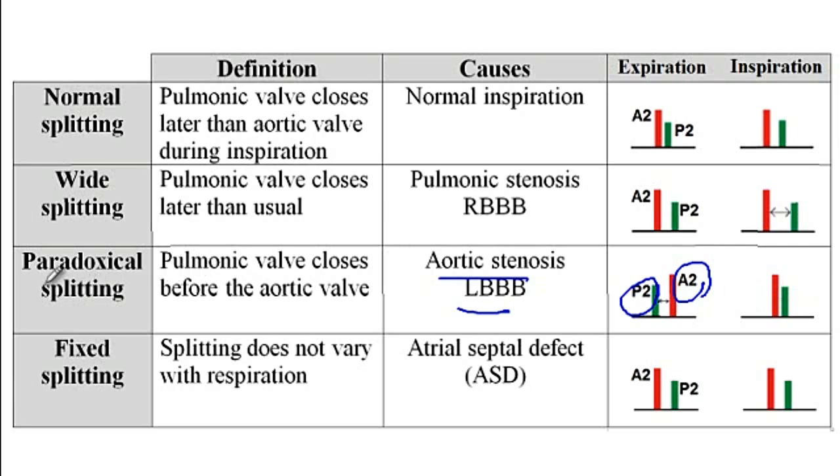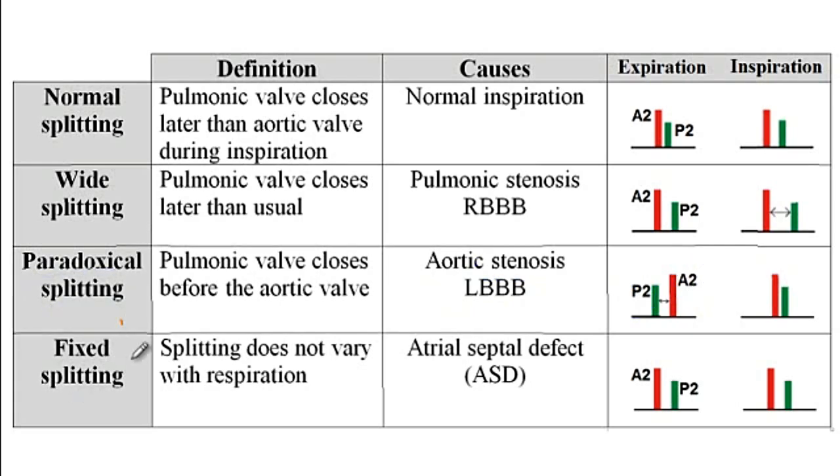This is kind of paradoxical because we normally expect the distance between A2 and P2 to increase during inspiration, not to decrease. Therefore, with aortic stenosis and left bundle branch block, since the distance between the A2 and P2 decreases during inspiration, this is referred to as paradoxical splitting.